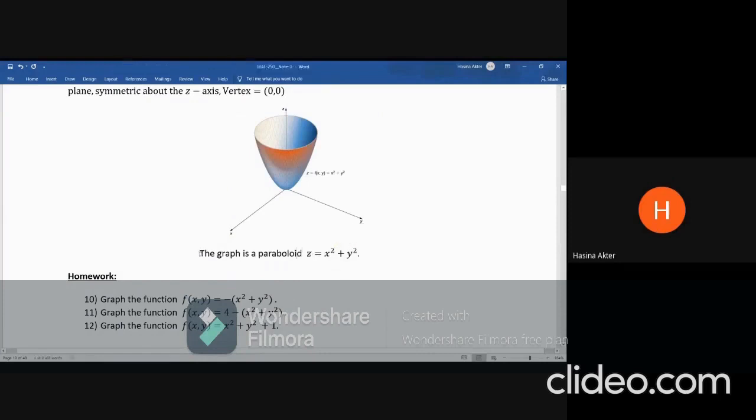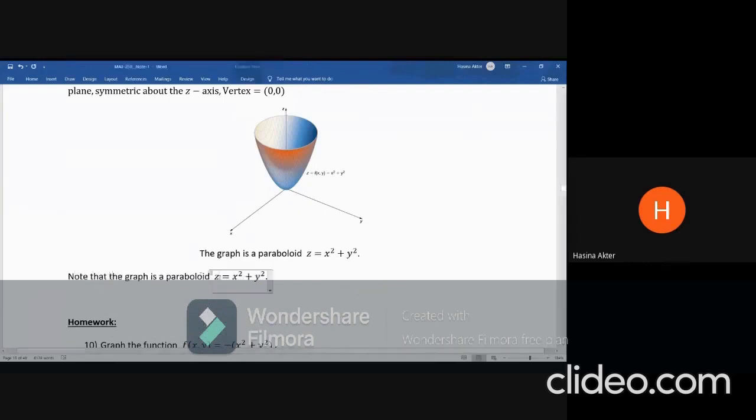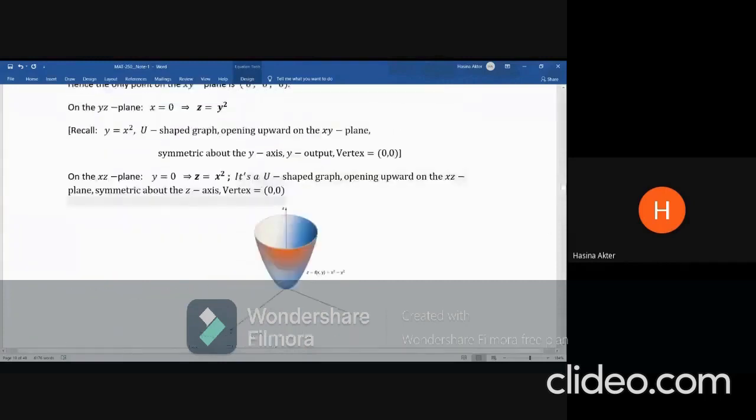If you have something, let's say, x equals y squared plus z squared, if I write it like that, if you have something like this, this is going to be a paraboloid.